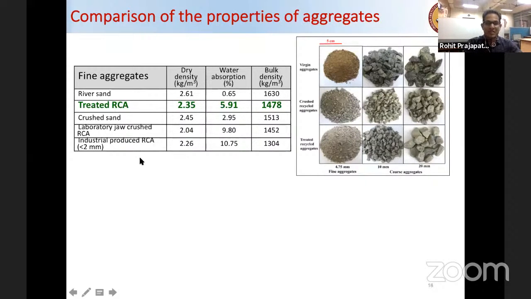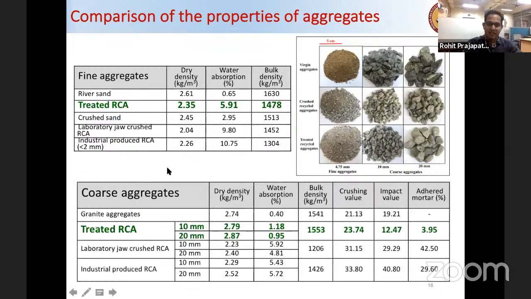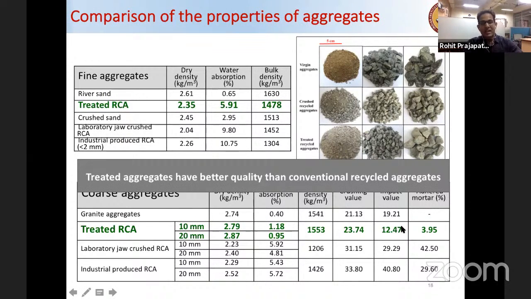We have seen that the properties have improved compared to the conventionally produced recycled aggregate. The same goes for the coarse aggregate, and we were able to bring up the dry density and bring the water absorption down close to 1%, and the mechanical properties were increased as well. So these treated aggregates have better quality than the conventional recycled aggregate, where just crushing is involved.